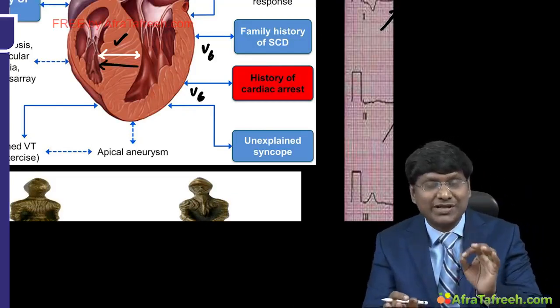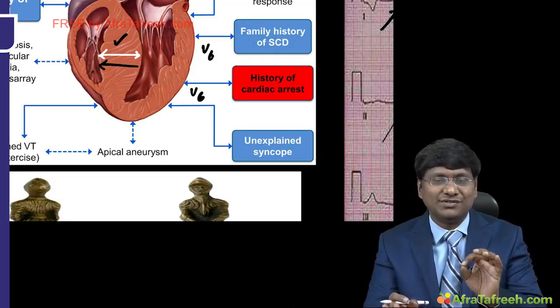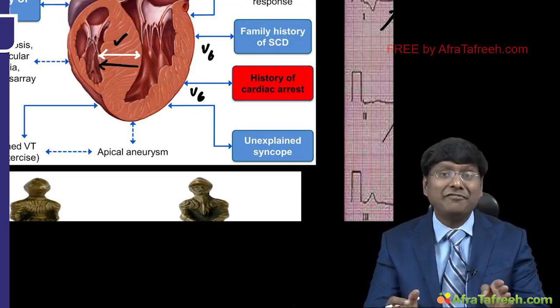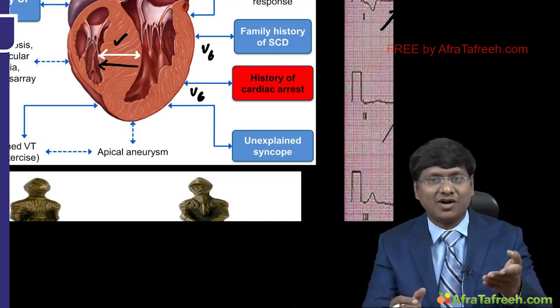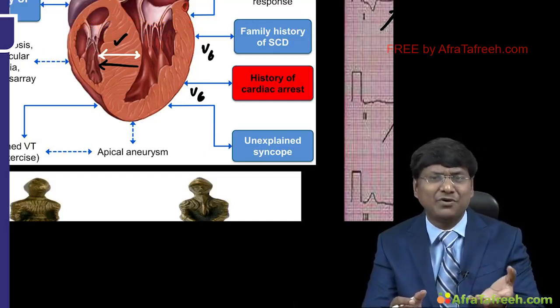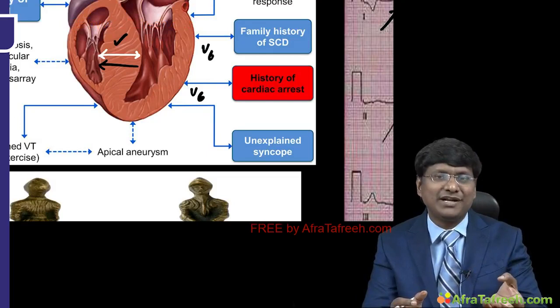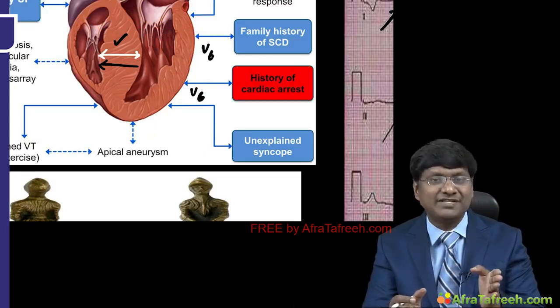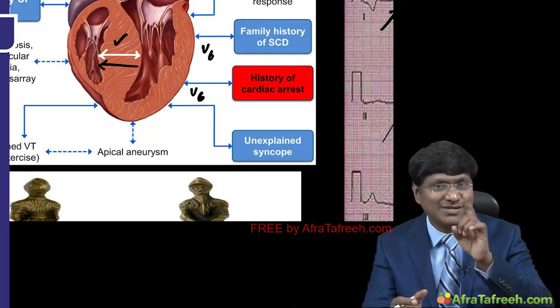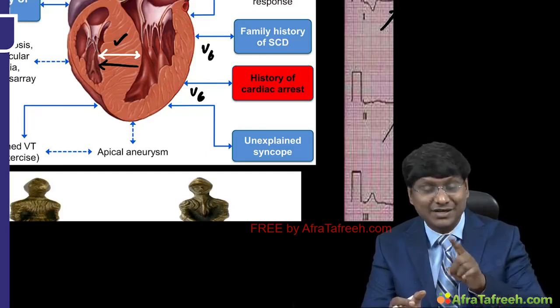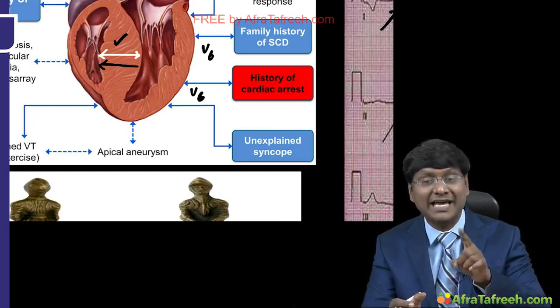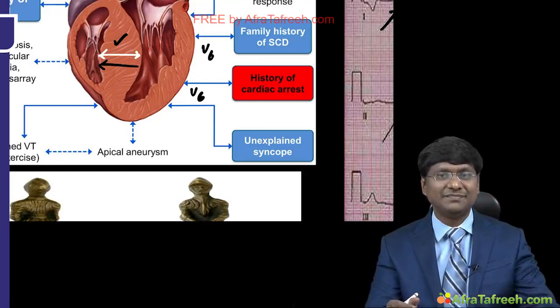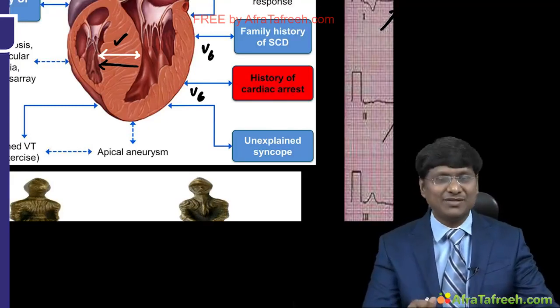So the strength of depolarization which is going away from V5, V6 is more than normal because the septum is hypertrophied. So that is the reason why the Q wave is considered to be a pathological Q wave, right?